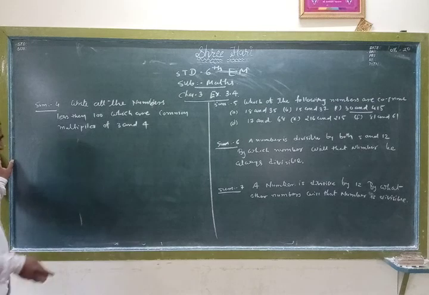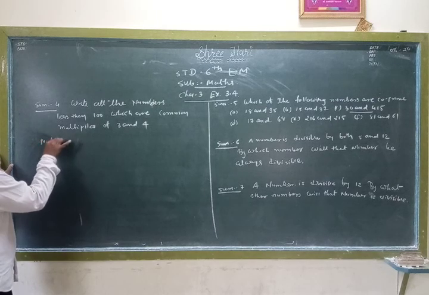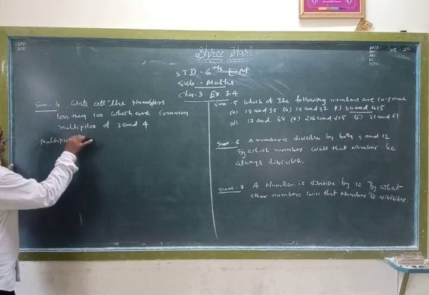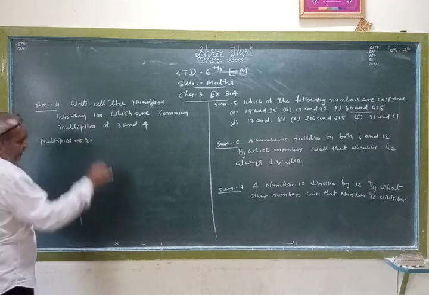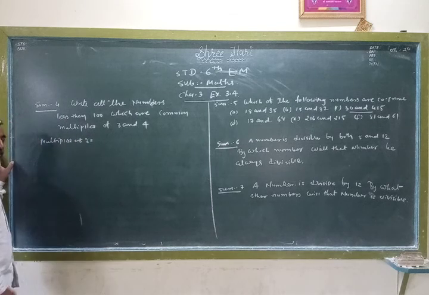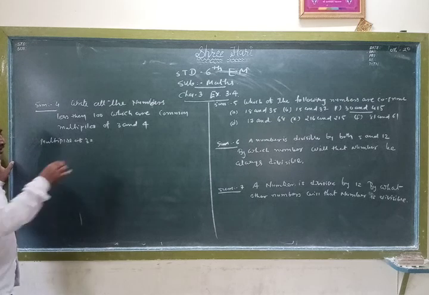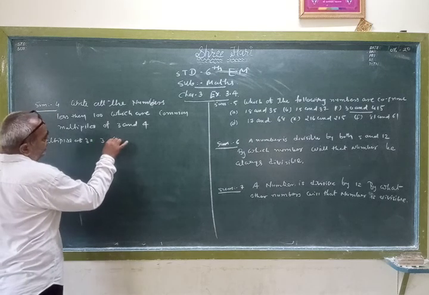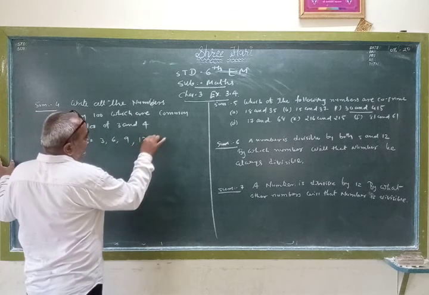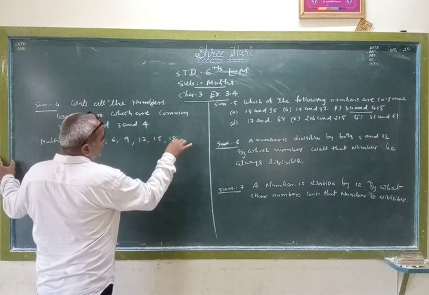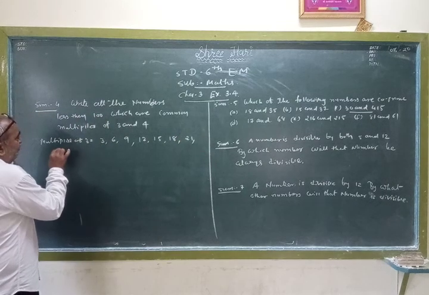First I write the multiples of 3. You know the table of 3: 3, 6, 9, add 3 in it, 12, 15, 21, then 24.